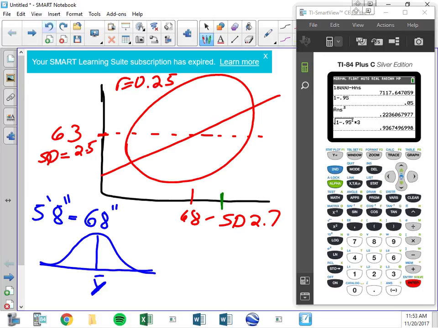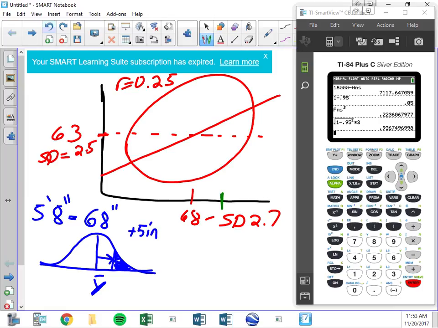So we want to find how many women are in this area, right? So how far am I from Y bar to that line? 5 inches. So that is plus 5 inches.